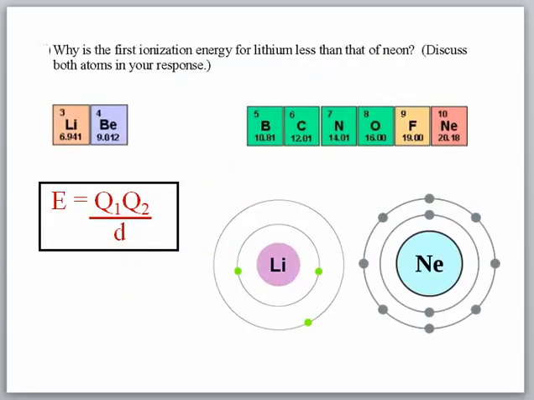So why is the first ionization energy for lithium less than that of neon? Anytime you are given a periodic trend question, look at your periodic table. Here's lithium, and we're looking at neon. Lithium and neon are in the same row.